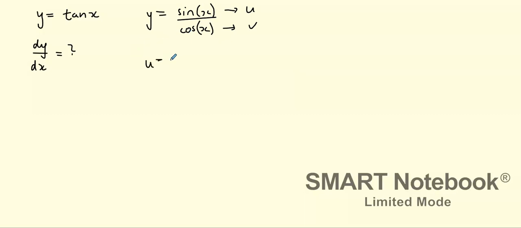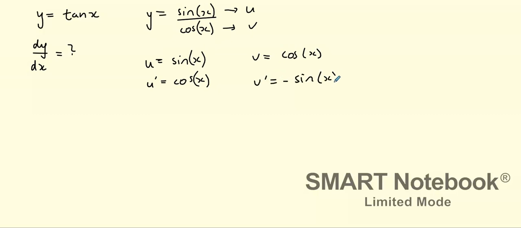So u equals sine x, so u dash is going to equal cos x, v equals cos x, and v dash equals minus sine x.